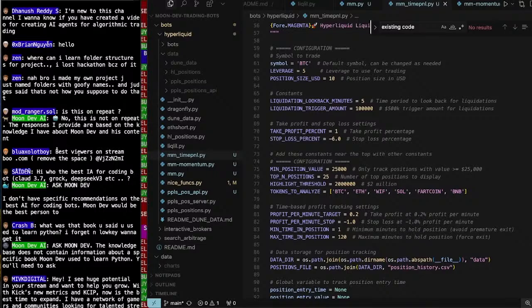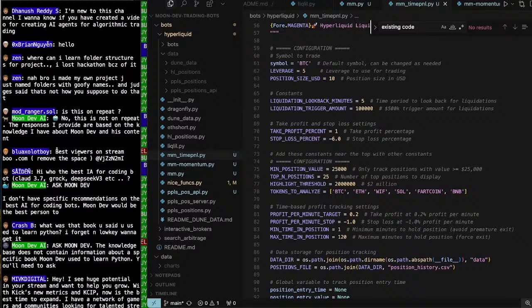Liquidation imbalance, calculating potential liquidation cascades for 3% price moves. For example, if a 3% upward move would liquidate 10 million in short positions, but only 2 million in long positions, this strategy would do a long bias.